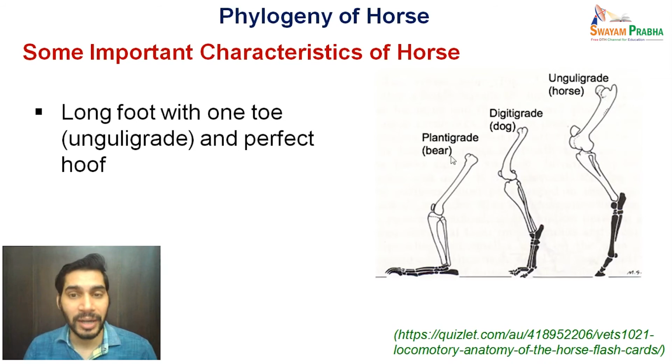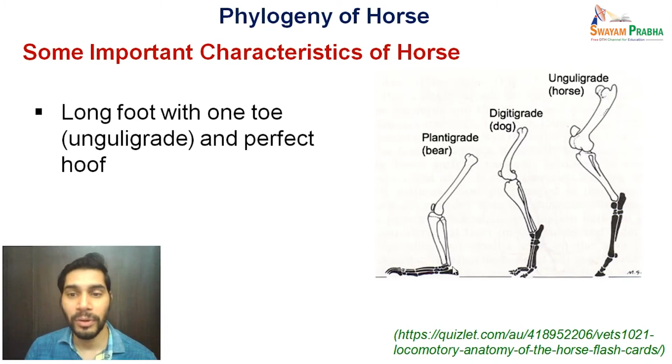In the first part, you see a bear's limb which shows the plantigrade mode of locomotion. The other one belongs to a dog which represents a digitigrade mode of locomotion. And the third one is of the horse which represents an unguligrade mode of locomotion.